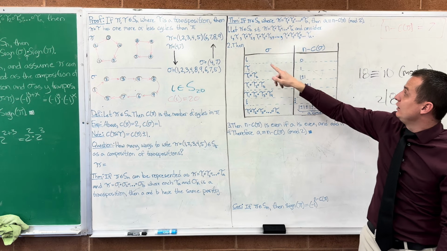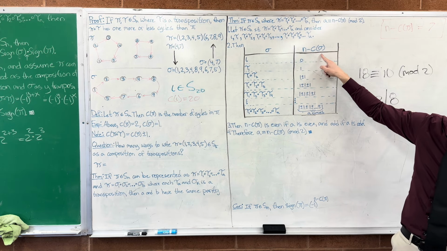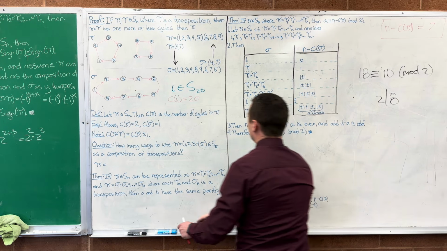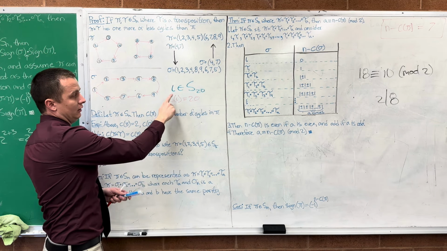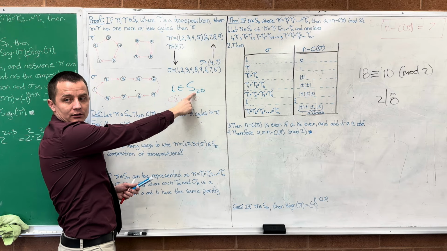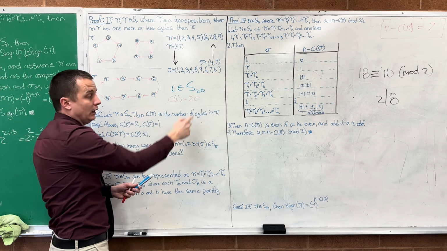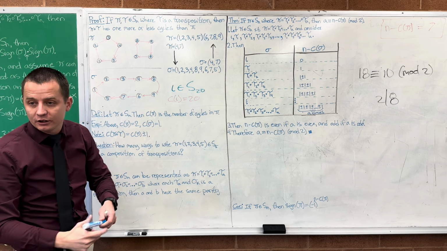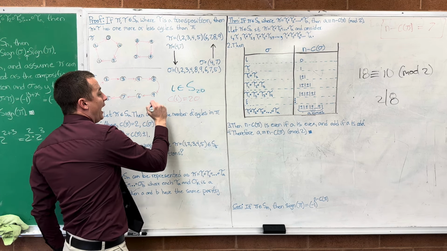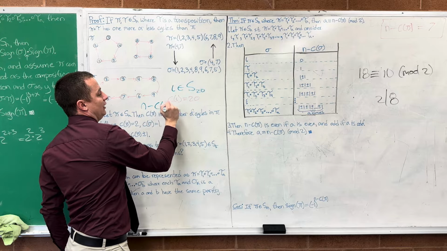When you plug in the identity function, what is n minus the number of cycles in it? Let's write out a concrete case. If iota came from S sub 20, how many cycles are in iota? 20, because it maps 1 to 1, 2 to 2, 3 to 3, 20 to 20. So now what is n minus c of iota equal to?